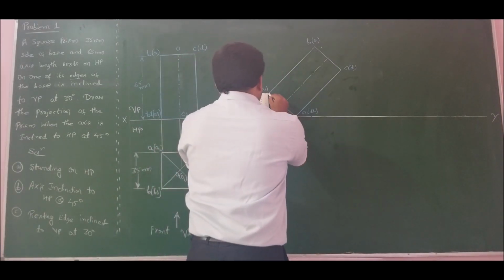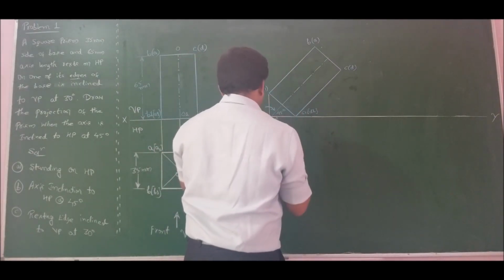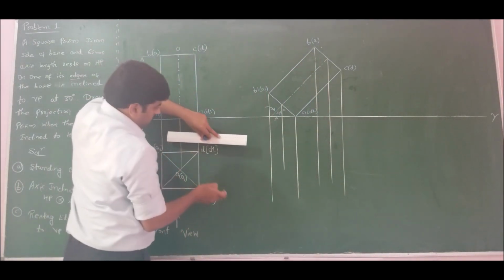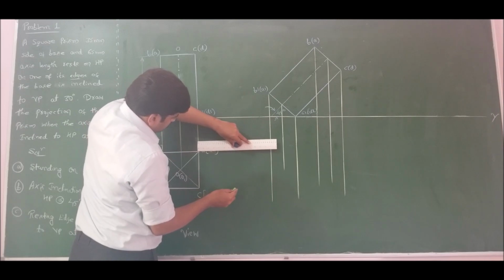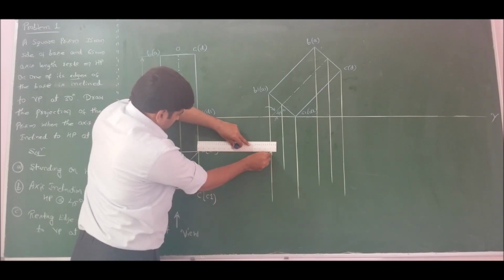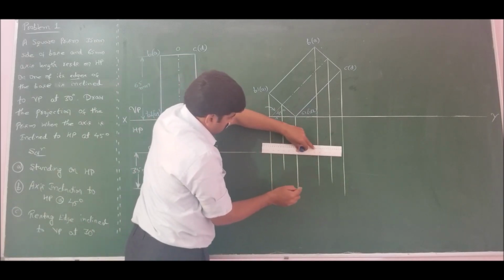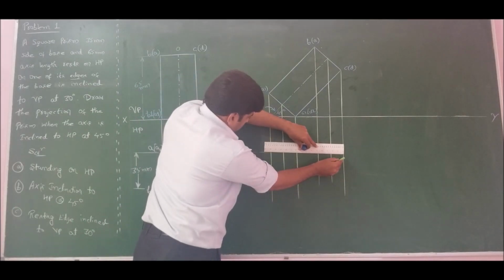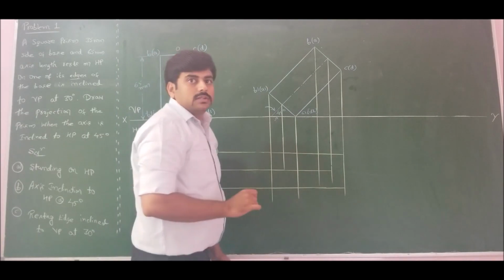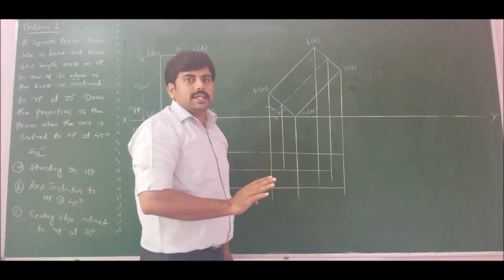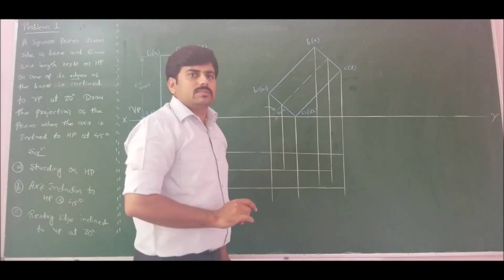So take the projection and also take the projection horizontally. Now just mark the corners, don't mark the edges until we identify the invisible edges.